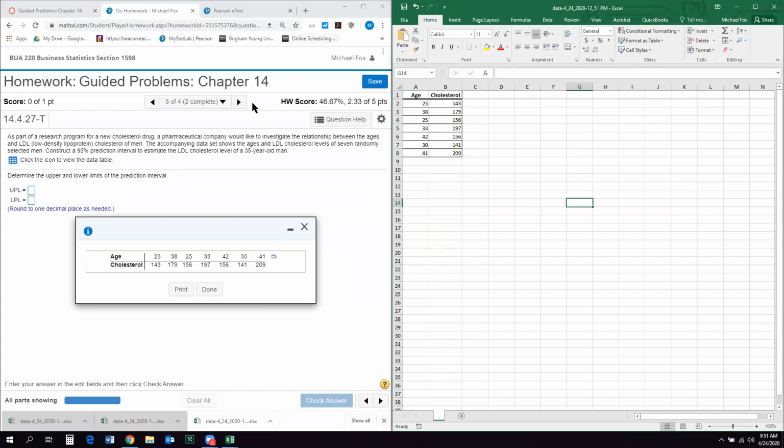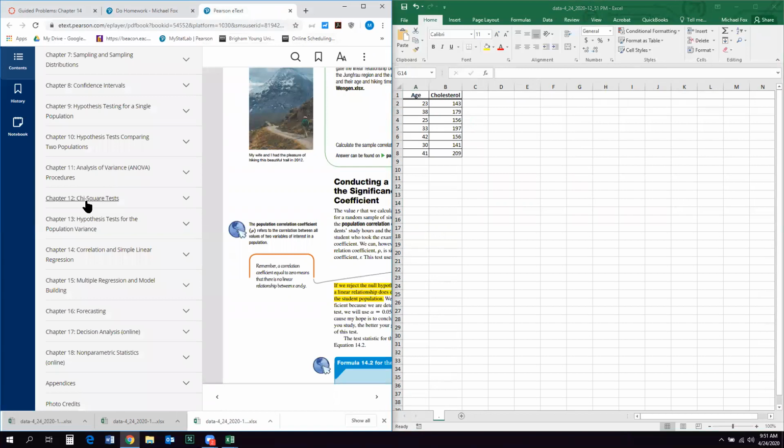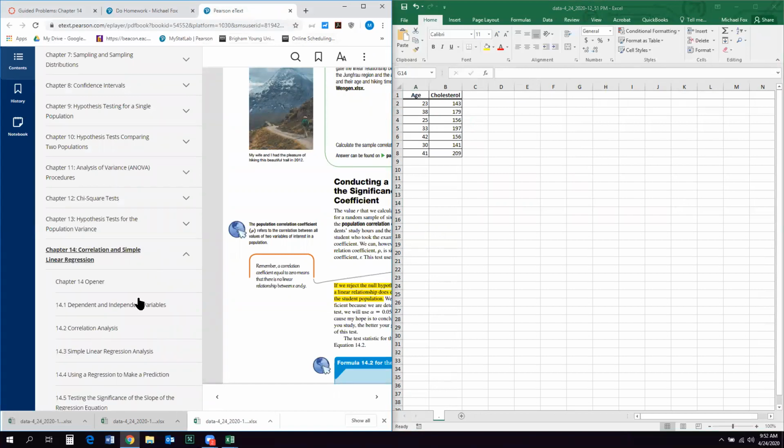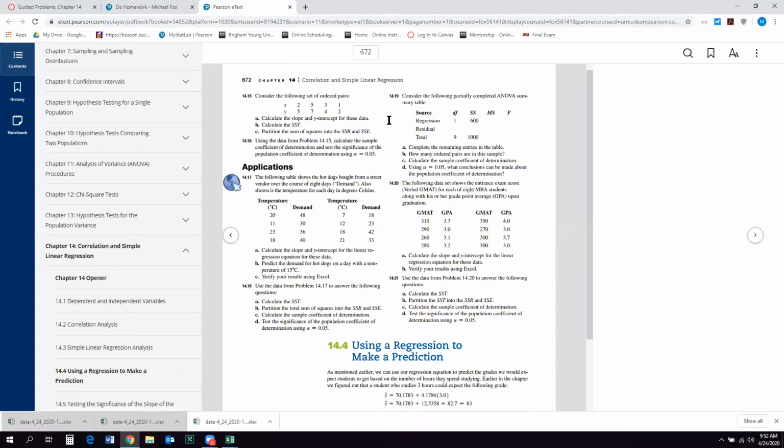So I'm going to go over to the e-text, go to section 14.4, and find that formula real quick. Or maybe not that quick.